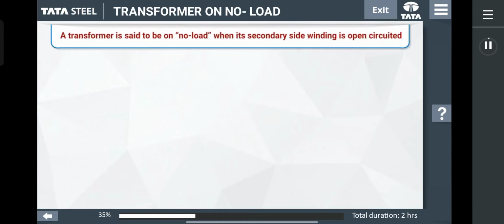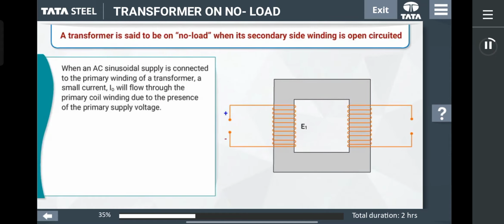A transformer is said to be on no load when its secondary side winding is open circuited. When an AC sinusoidal supply is connected to the primary winding of a transformer, a small current I0 will flow through the primary coil winding due to the presence of the primary supply voltage.